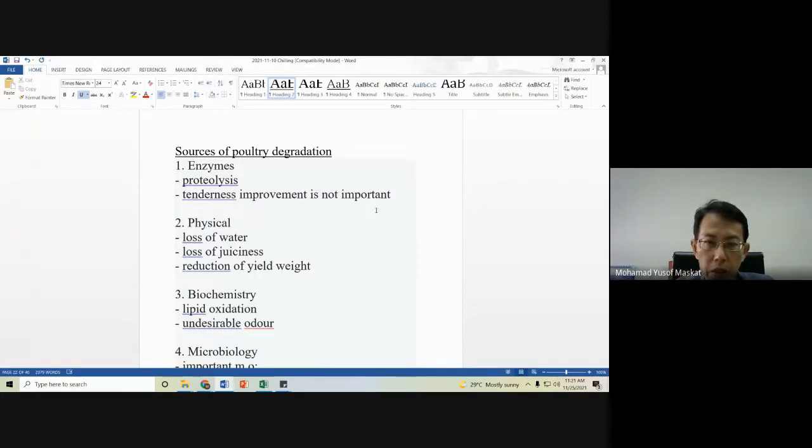They will put it at low temperature so that the proteolytic enzymes will degrade the connective tissues, that is the collagen and also the elastins. That will produce a more tender meat, for example in steaks. When we are eating steaks, tenderness is a very important property of the product.